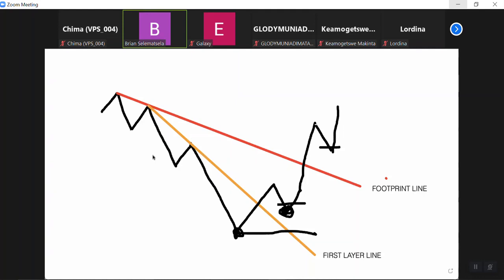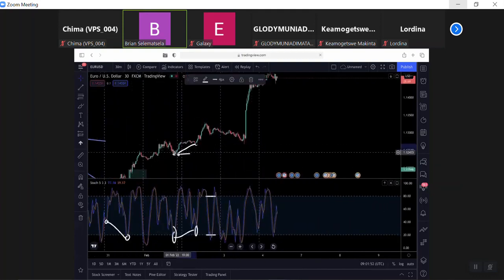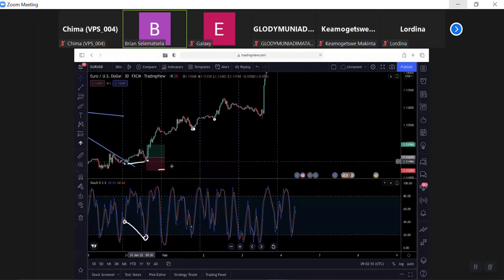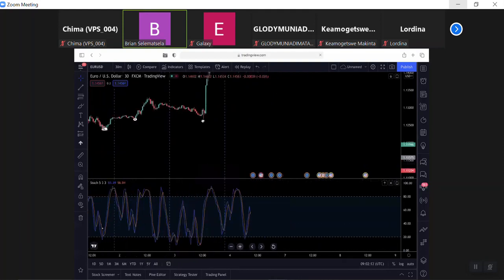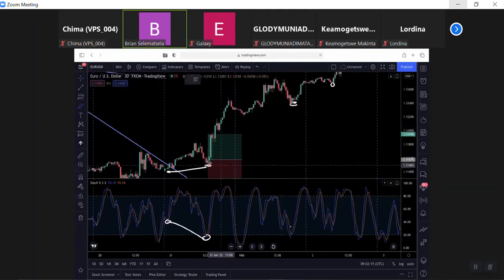So let's make an example with this trade. After you enter buy here, the second divergence will be from this point to that point, from this point to that point.